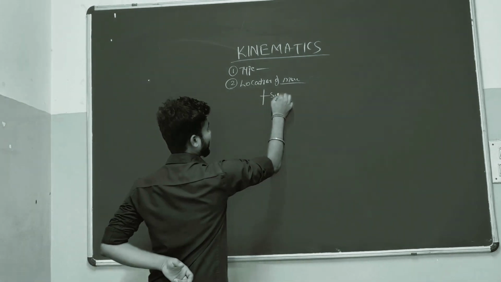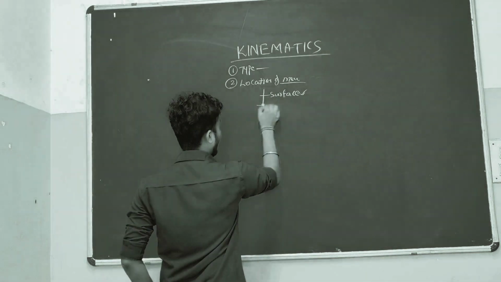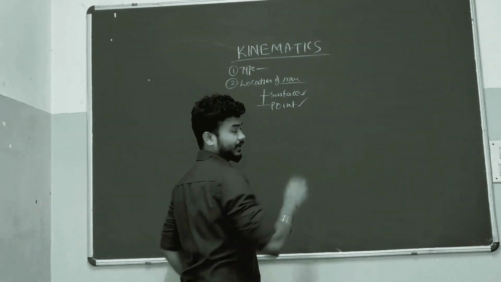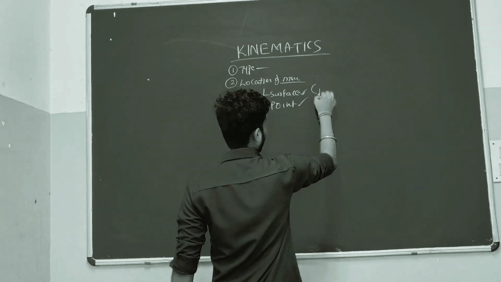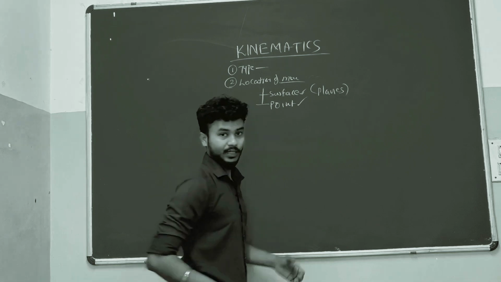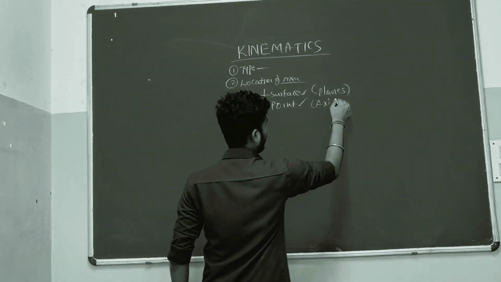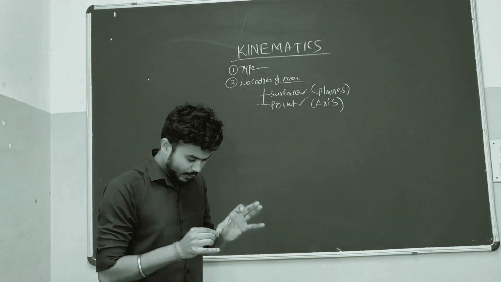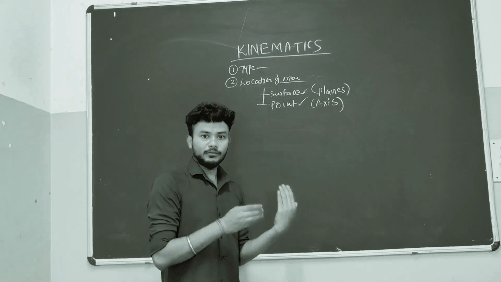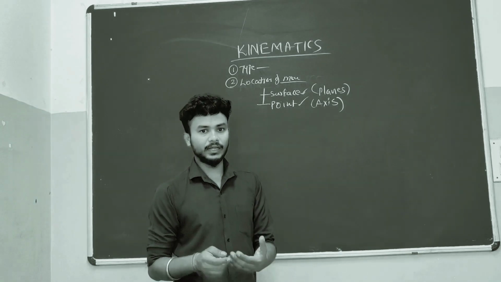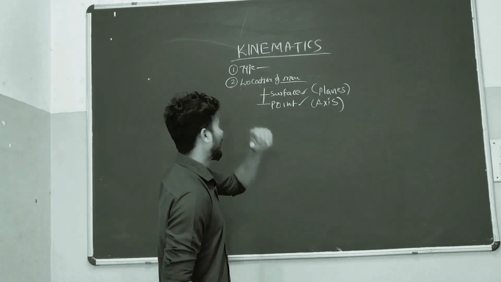Surfaces are nothing but planes of the movement, and points are nothing but axes of the movement. So it gives the information about where the movement is happening, on which surface and at which point.